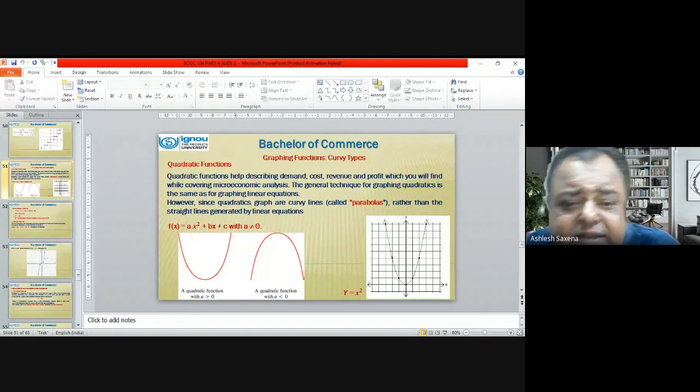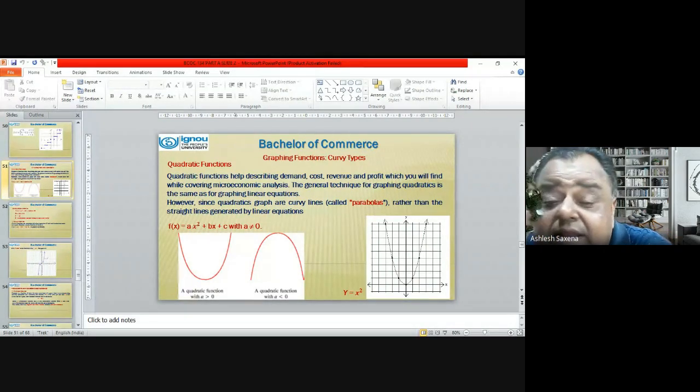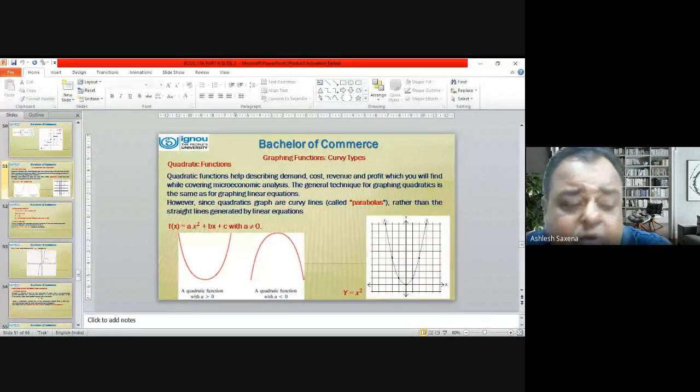Now we have to remember one thing, that a should not be 0. If a is 0, this will become a linear function. That means a should have a value. The graph of a quadratic equation is a parabola, and always a parabola.